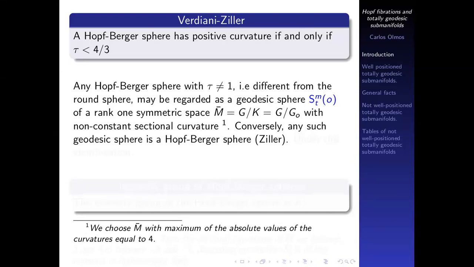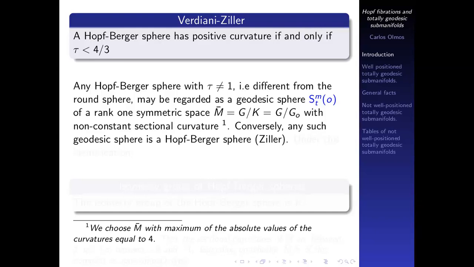Of course, Hopf-Berger spheres are the usual Berger spheres when tau is less than 1, and when tau is greater than 1, some people call them anti-Berger spheres.